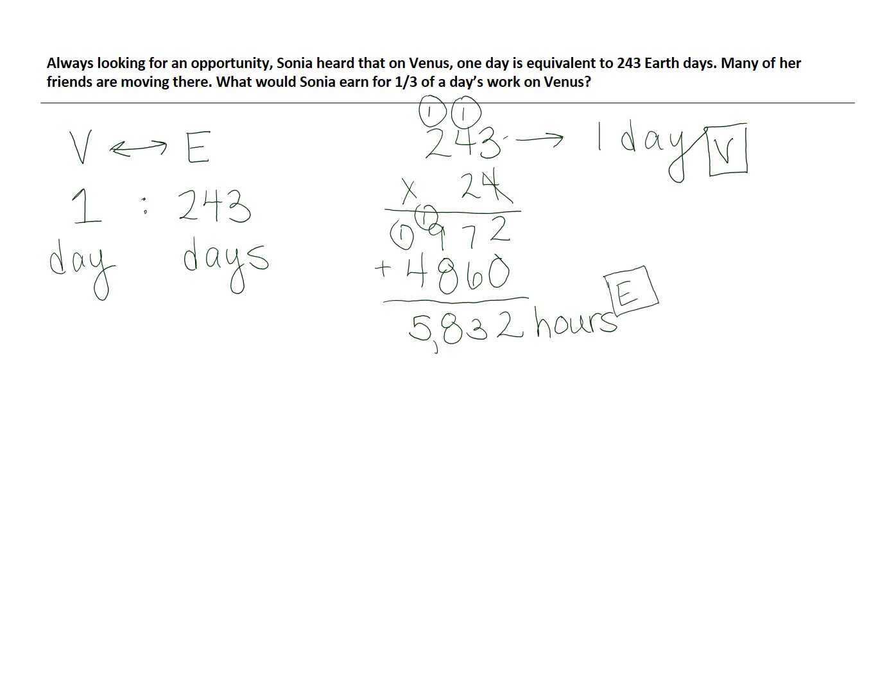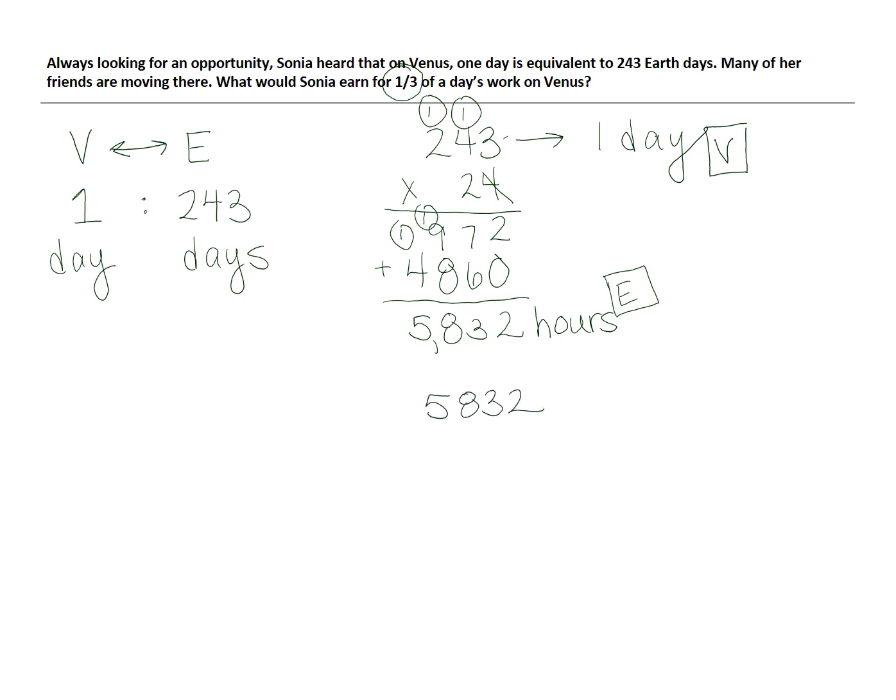Now, she's only working 1/3 of a day. So we could multiply 5,832 by 1/3, but in the end we would be dividing by 3. So we're going to just skip to the part where we divide by 3.